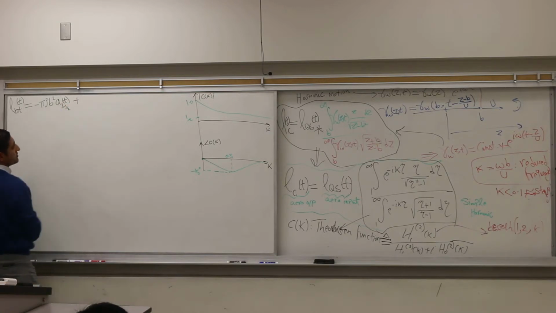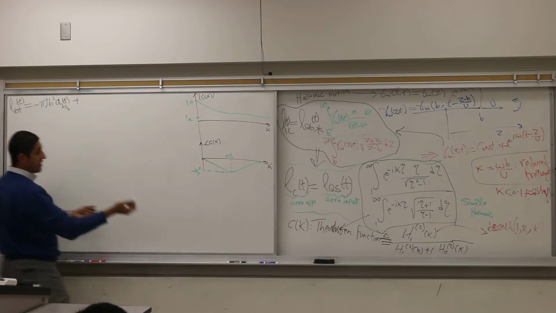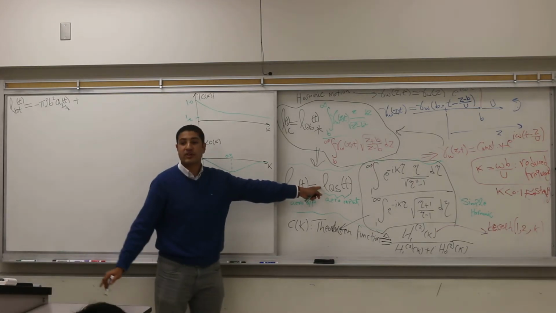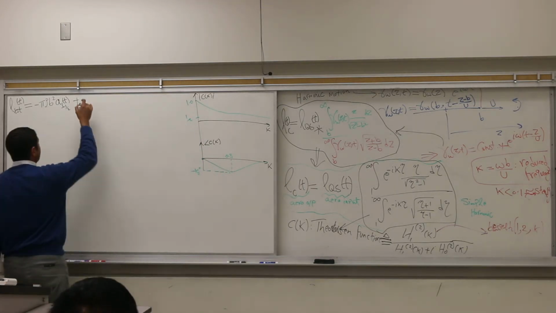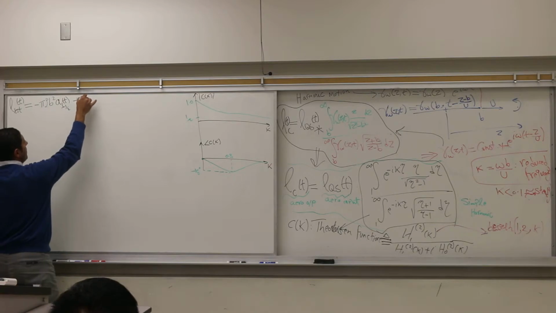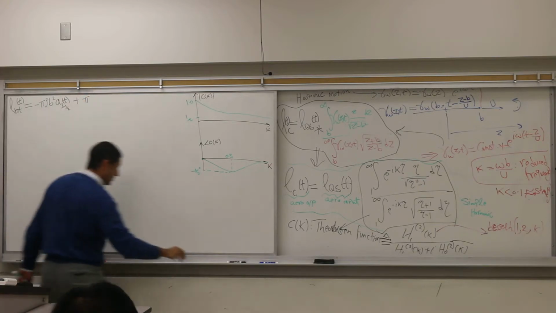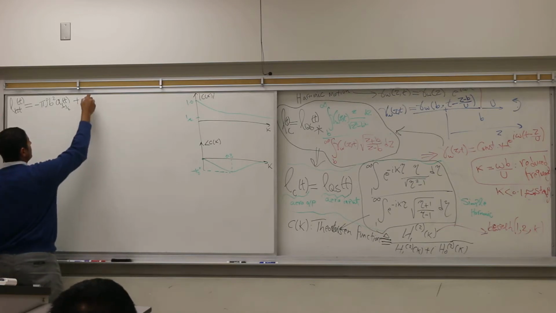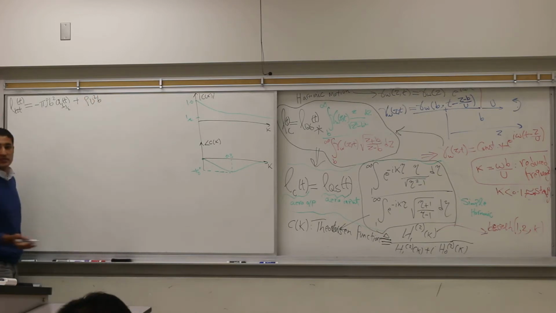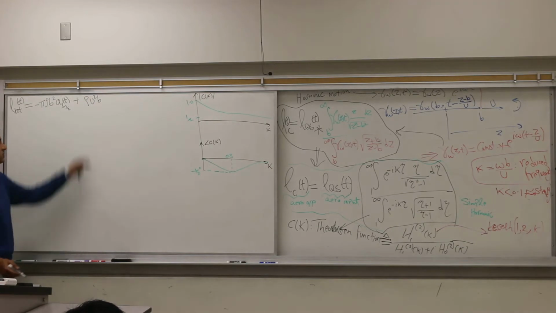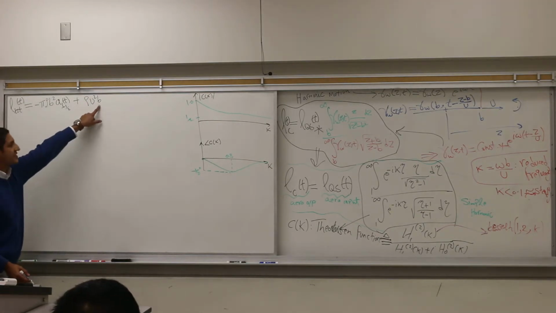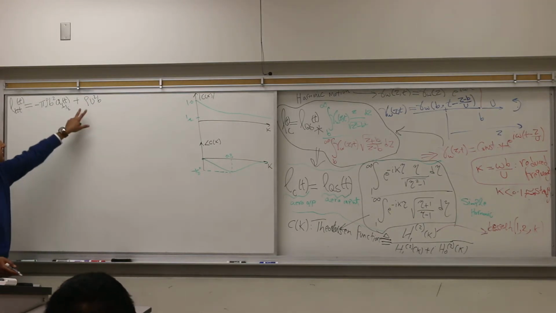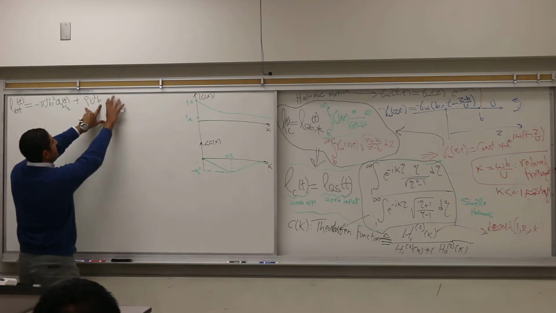Plus, the second part is whatever steady lift you expect. What's the steady lift I'm expecting? It's one half rho u squared c times your lift coefficient, and my chord is 2b, so rho u squared b times my CL.